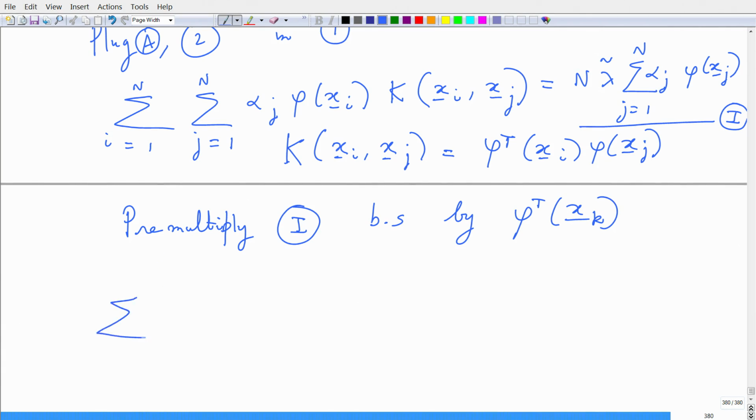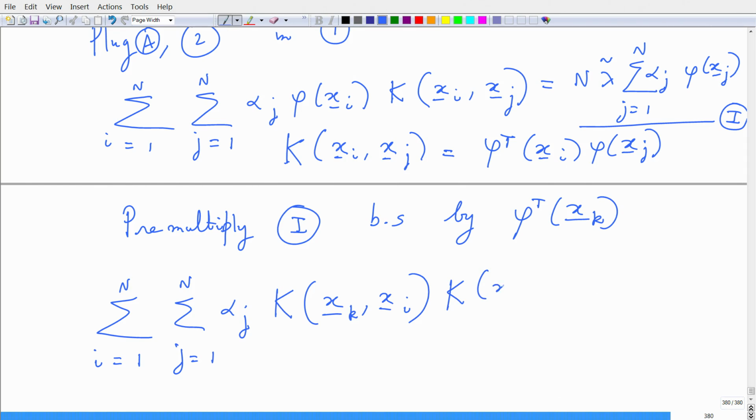So I can simplify this as summation i equals 1 to n, summation j equals 1 to n, alpha j. So I have phi of xi times phi transpose xk, and I call this kernel xk with xi, times this kernel xi with xj.